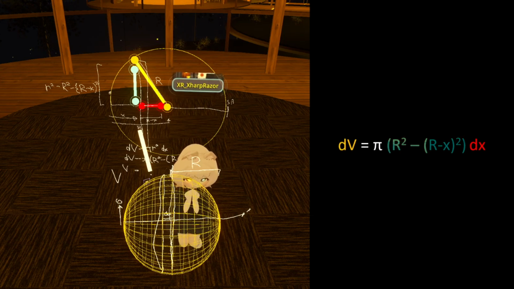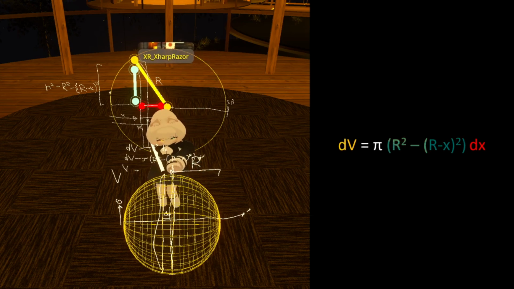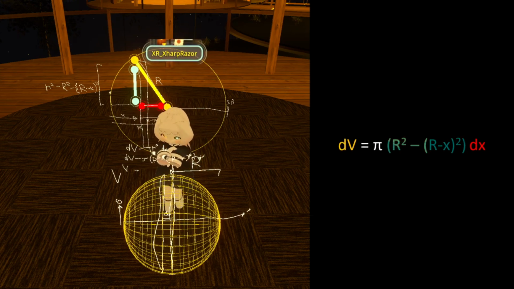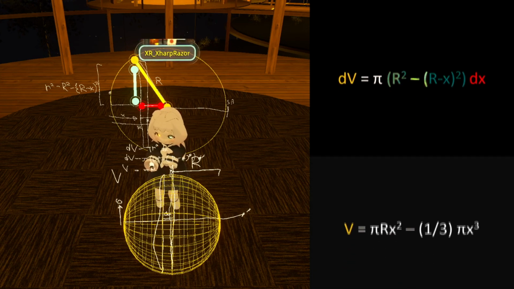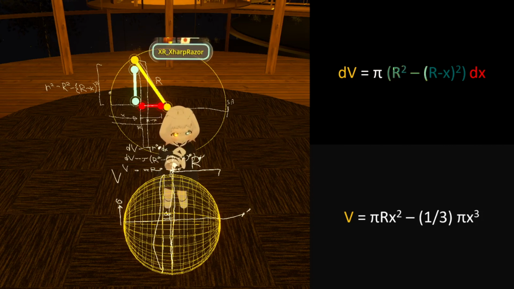There we go. What you will get, if you integrate the right side, is pi big R x squared minus 1/3 pi x cubed.